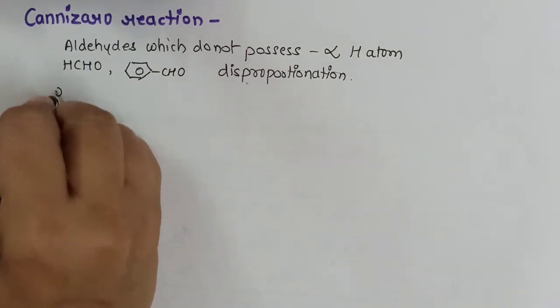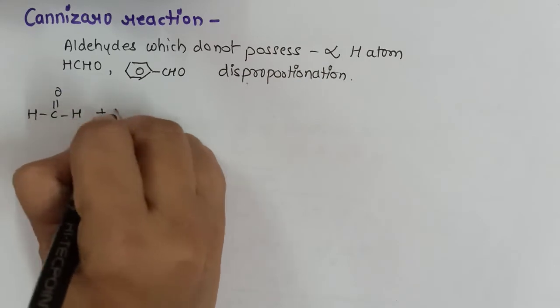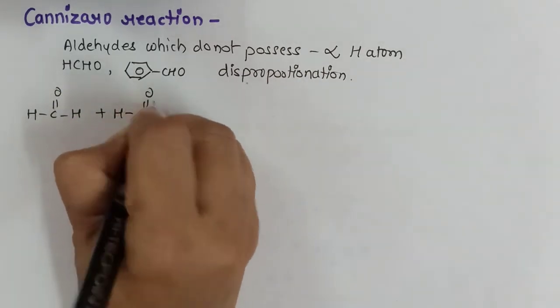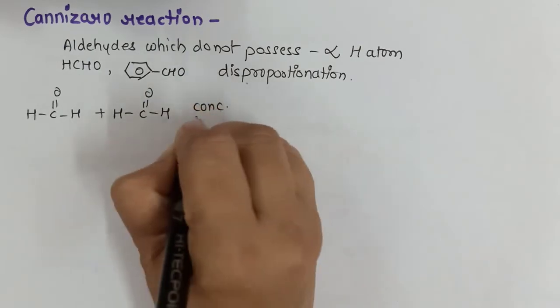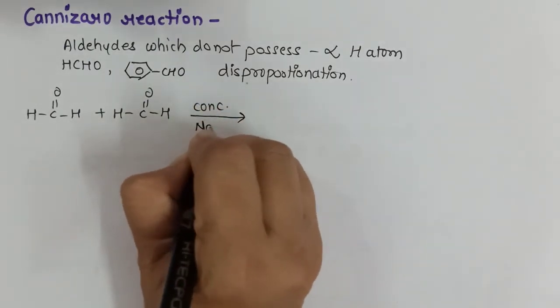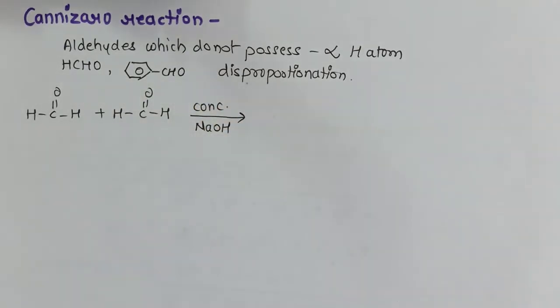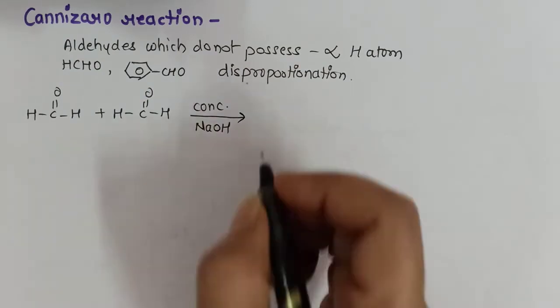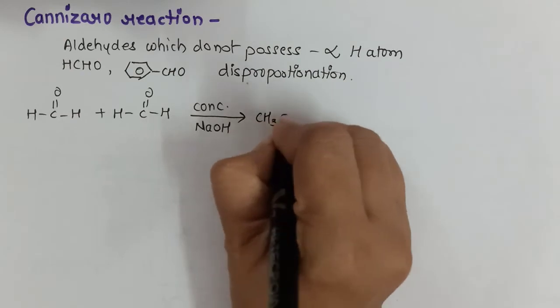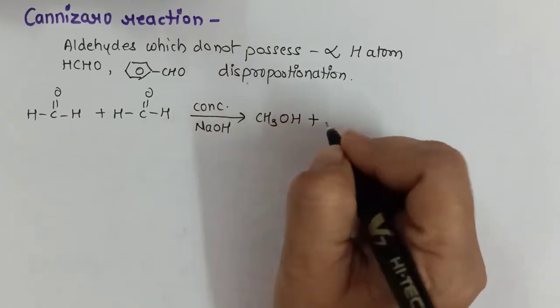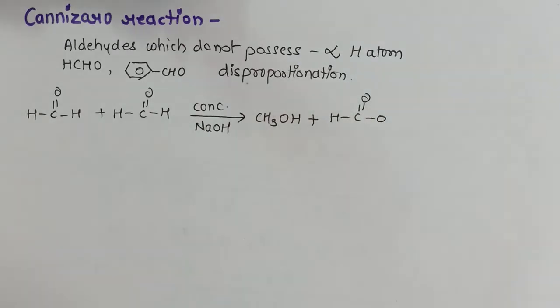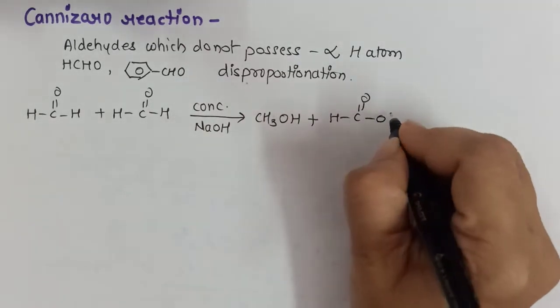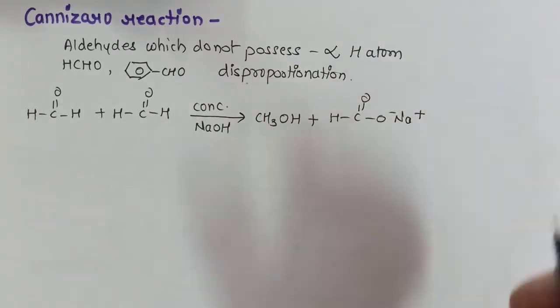Aldehydes such as formaldehyde, which do not contain alpha hydrogen atom, are treated with a strong base. Here it will be concentrated alkali like sodium hydroxide, and we get two products. One is alcohol and another will be sodium salt of formic acid.